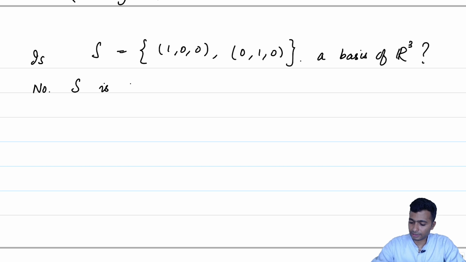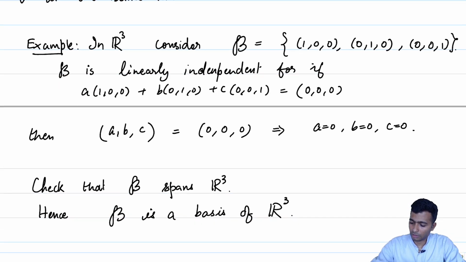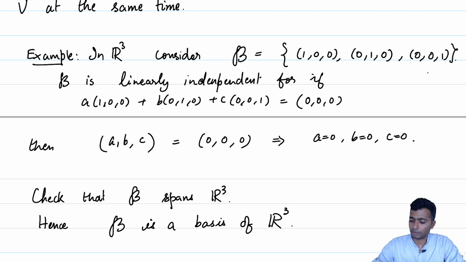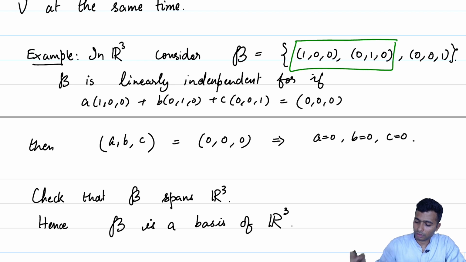Observe that S is contained in a basis B, because it is after all the first two elements in this basis, and a basis to begin with is linearly independent. Therefore, this set is also linearly independent. A subset of a linearly independent set will also be linearly independent.